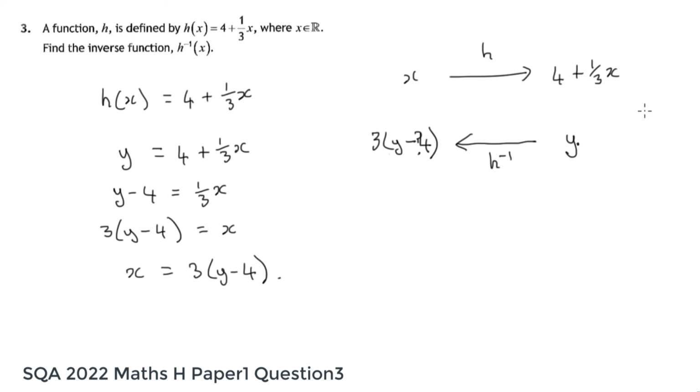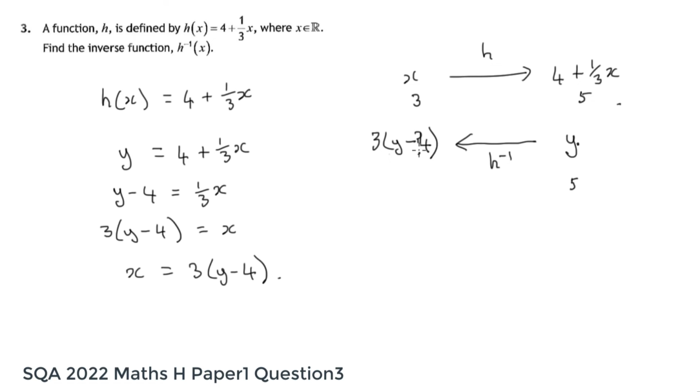So let's try it with a number. 3 would work. Nice easy number. So if we put 3 in, the function h tells us we do 4 plus a third of 3. Now a third of 3 is 1. 4 plus 1 is 5. So presumably if I put 5 into the inverse function and do all this to it, I should get 3 back.